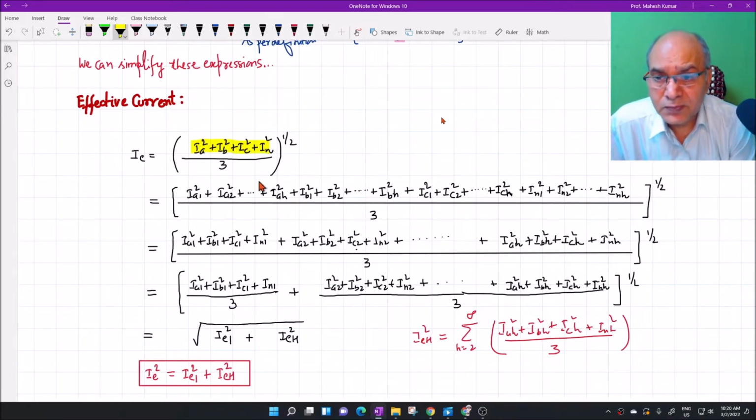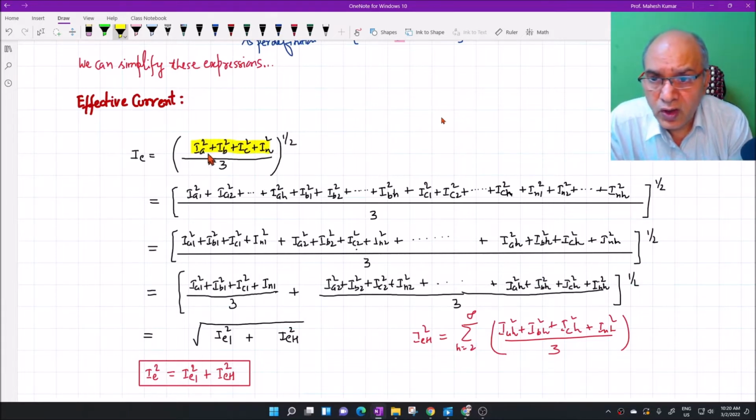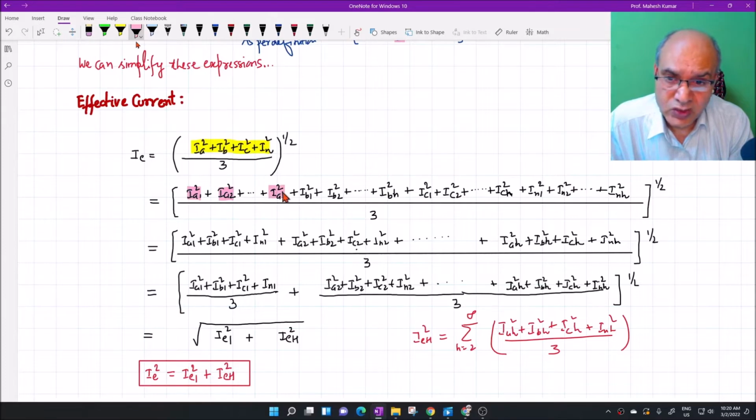Now we can express this IA, IB, IC in terms of the fundamental and harmonics. Okay, so fundamental is IA1. So IA square, that is RMS value of A phase current square, can be written as IA1 square, IA2 square, IA3 square till IAH square.